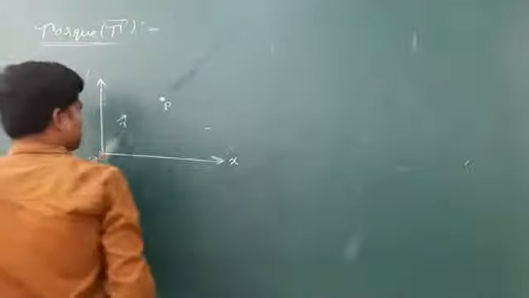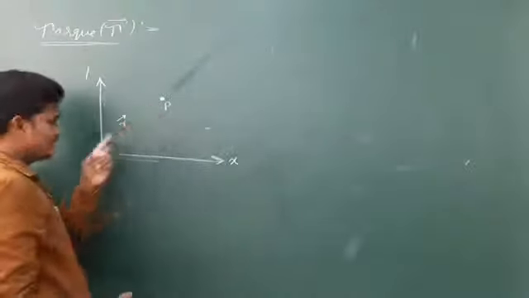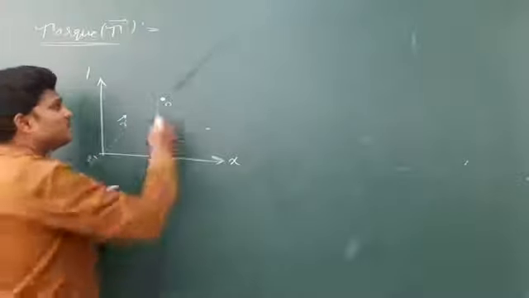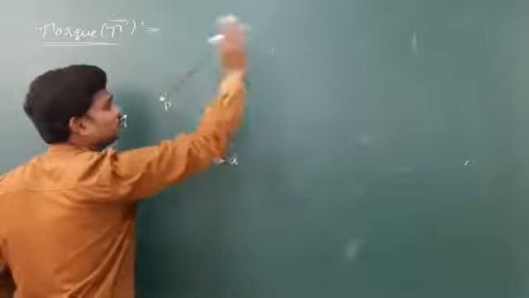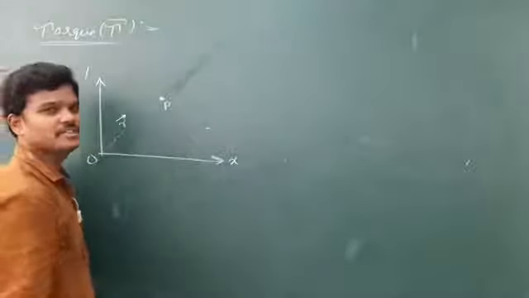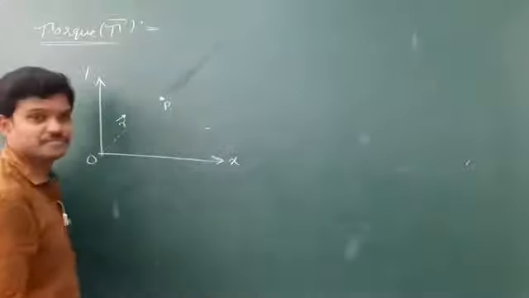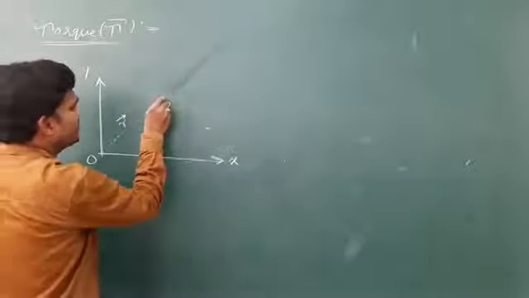If you want to rotate this particle about O, you have to apply a force not in this direction, because then it will move and the particle is set into translatory motion. Here let me apply a force like this.